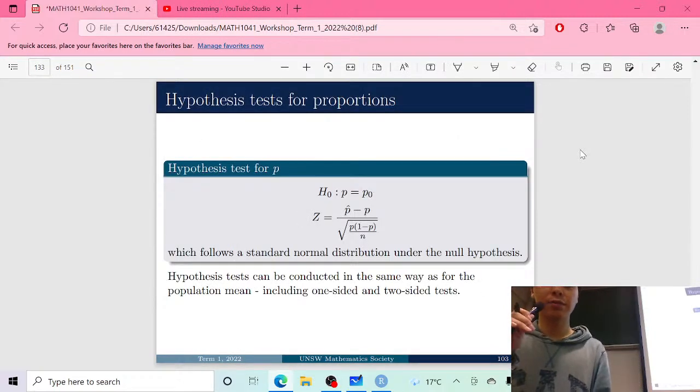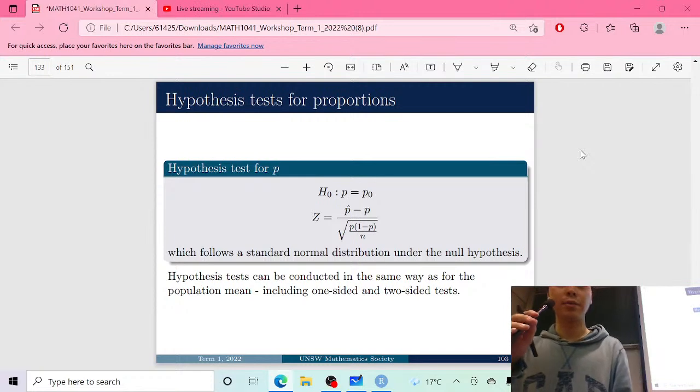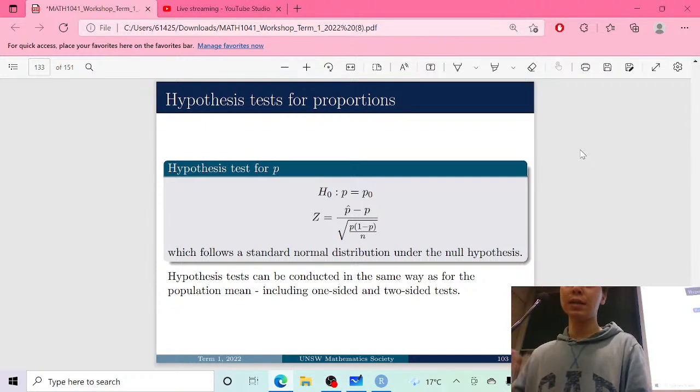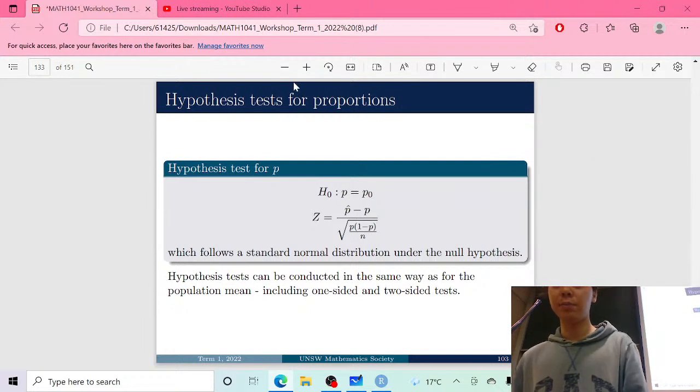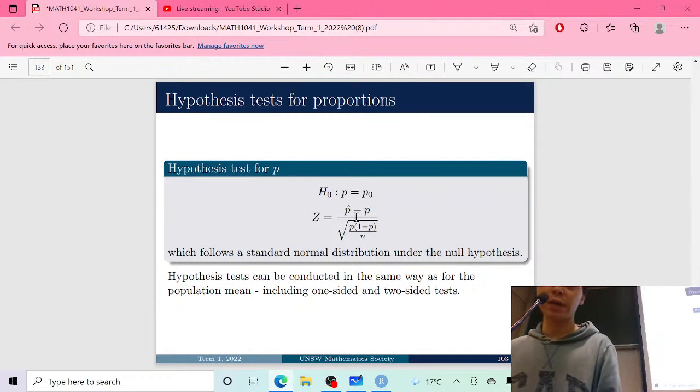So the last topic of this part here is just hypothesis testing. It's more or less the same as what we've done before, but this time we're branching away from looking at means to looking at proportions. But effectively, it's all going to be the same. So in the usual case, the null hypothesis is that the true probability is equal to p0, whatever p0 is going to be.